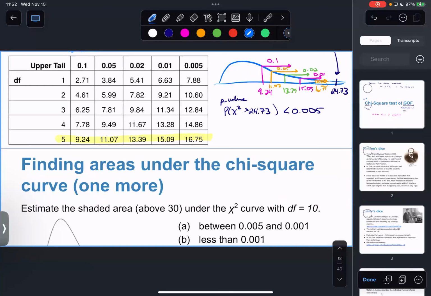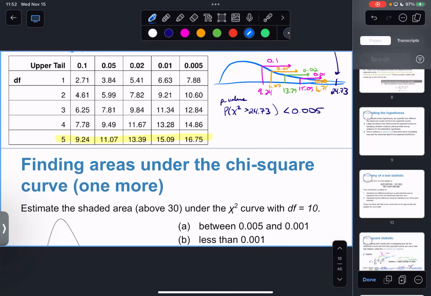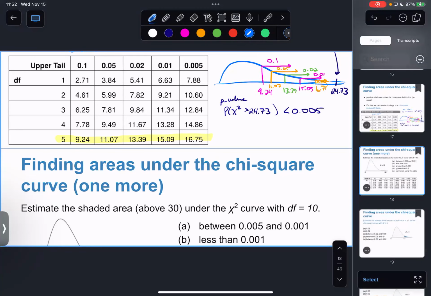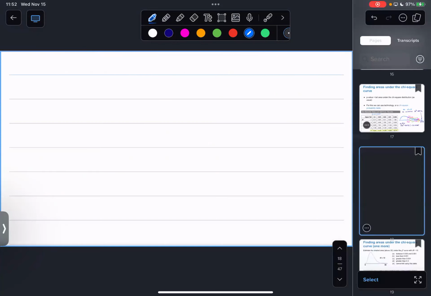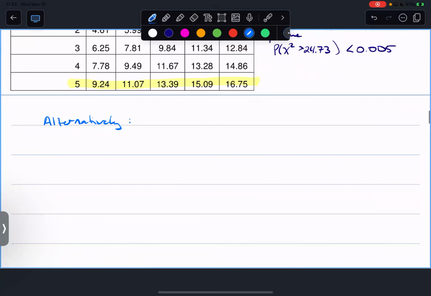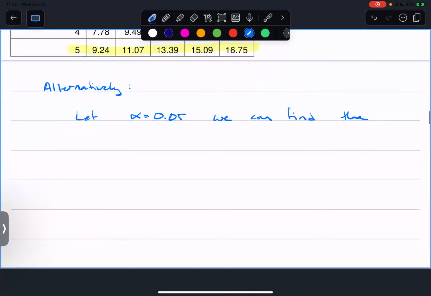So here, let me just add a page. Alternatively, we could say if we let alpha be 0.05, we can find the chi-squared that makes that happen, at 5 degrees of freedom still.